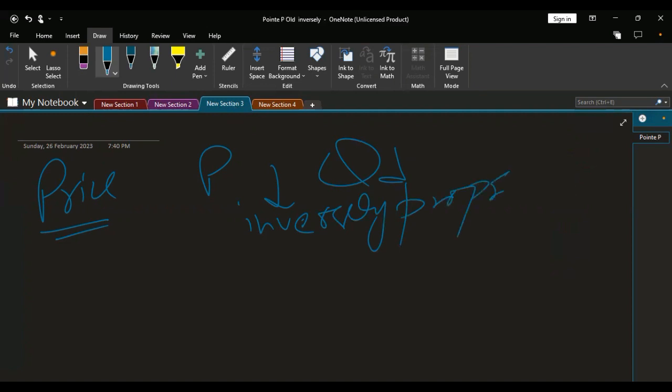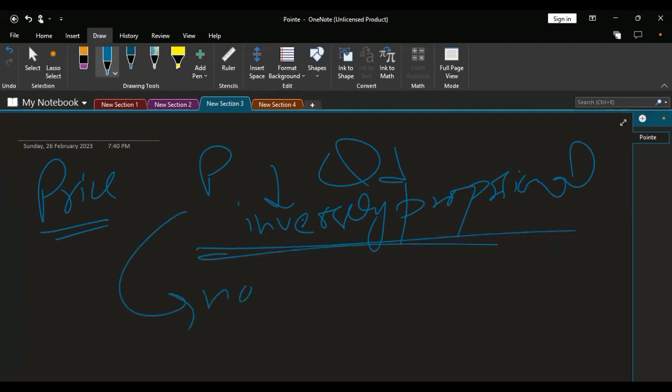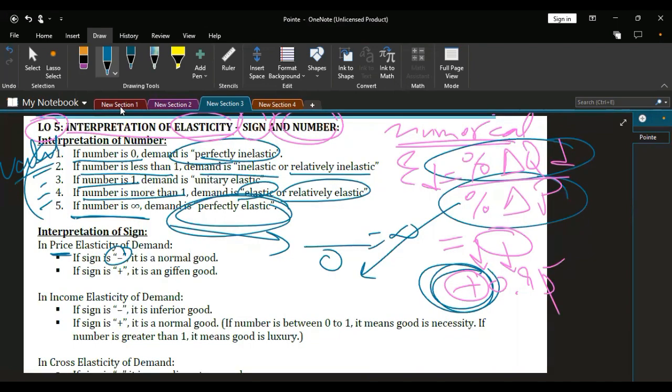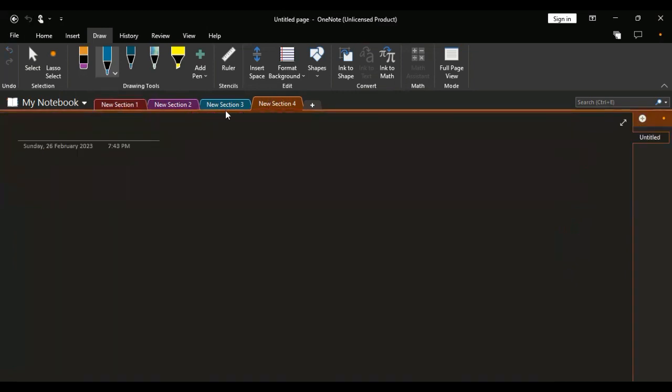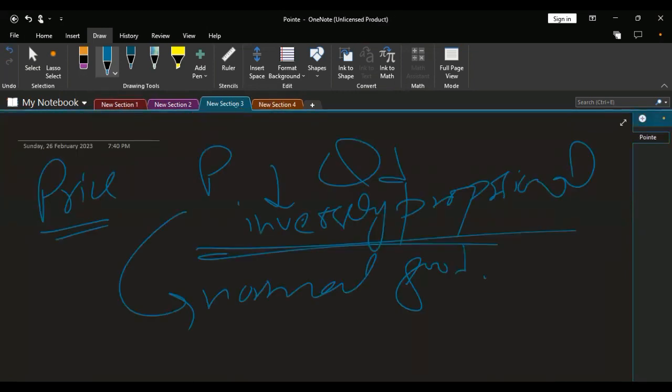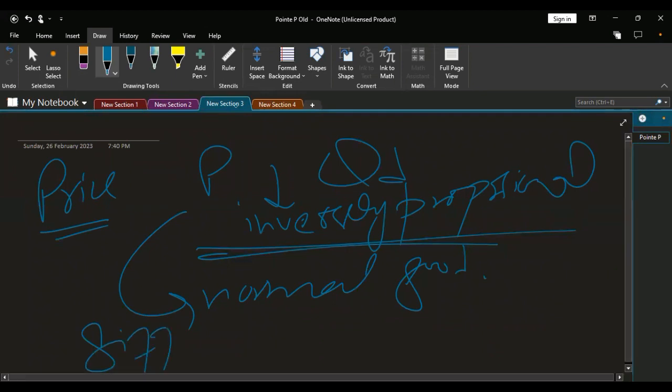Means one is increasing and the other is decreasing. This happens in the case of a normal good. So if your answer is negative, it means it's a normal good. If your sign is positive, it means it's a Giffen good, because Giffen goods have a direct relationship with the price.